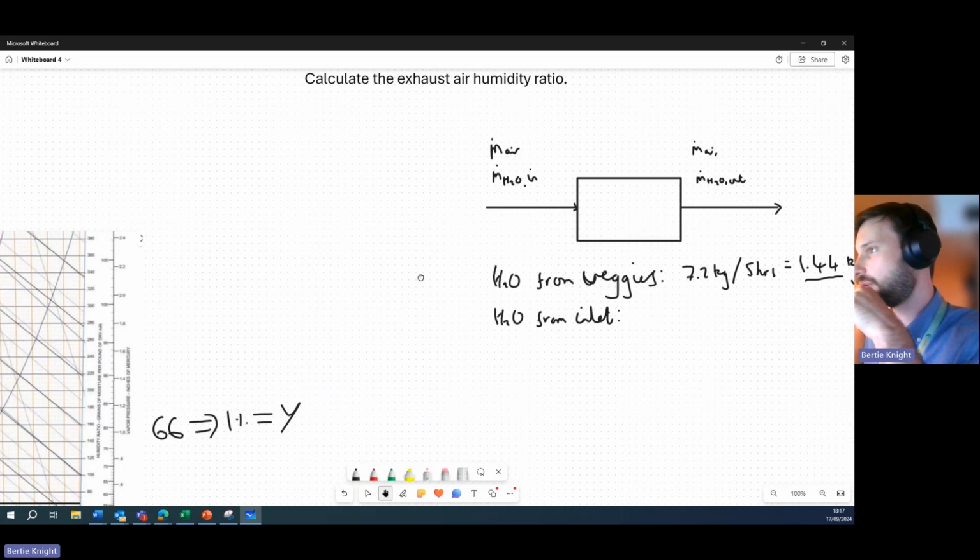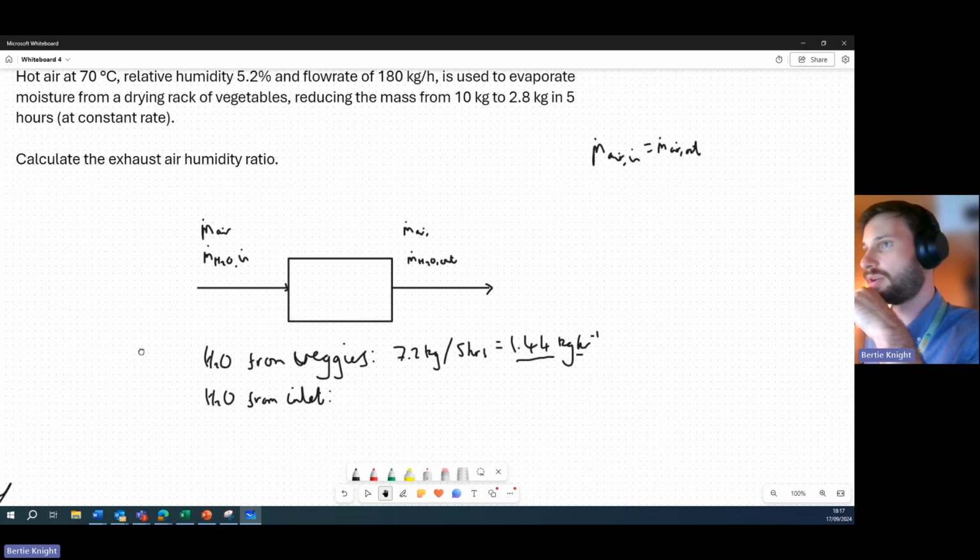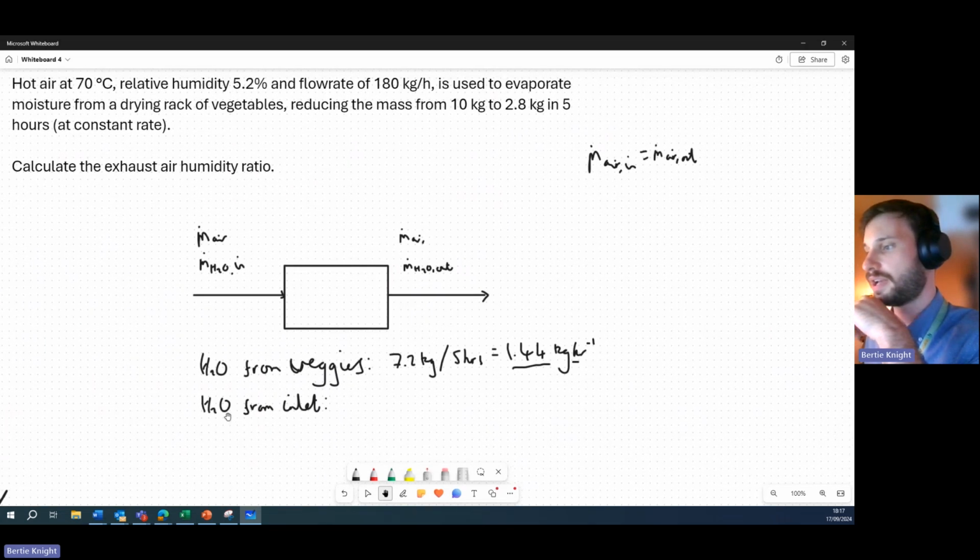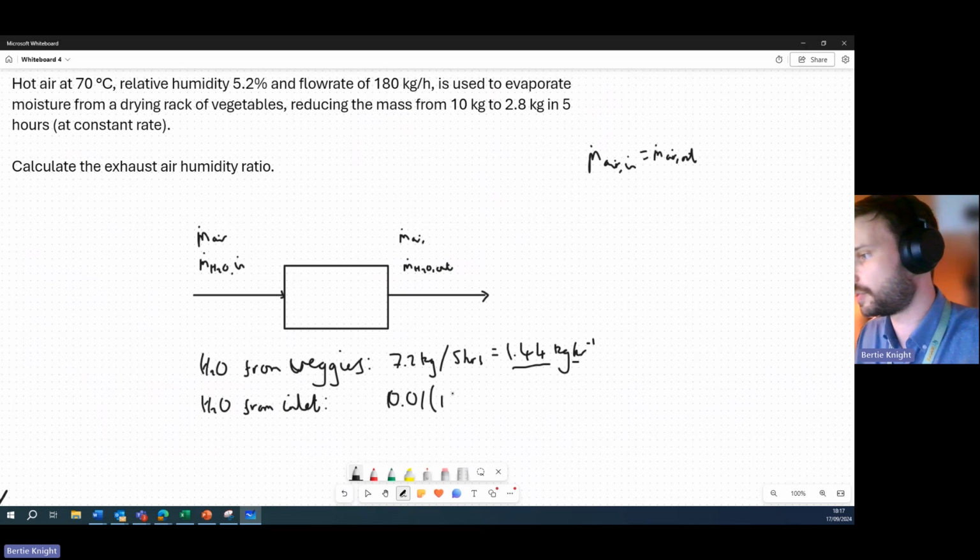Going back to our problem here, H2O from the inlet is equivalent to 1% of that 180 kilograms per hour stream. So 0.01 times 180 is equal to 1.8 kilograms per hour.